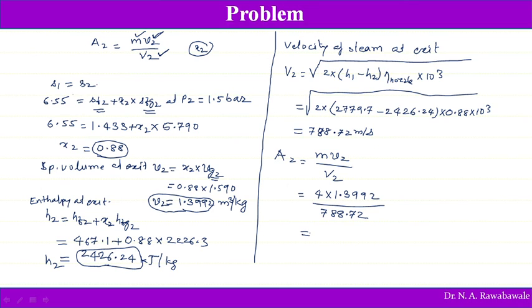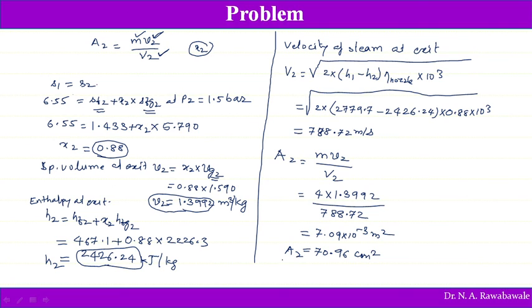The area we calculate is 7.09 into 10 to the power of minus 3 meters square, or this can be written as 70.96 centimeters square. So this is the area at exit.